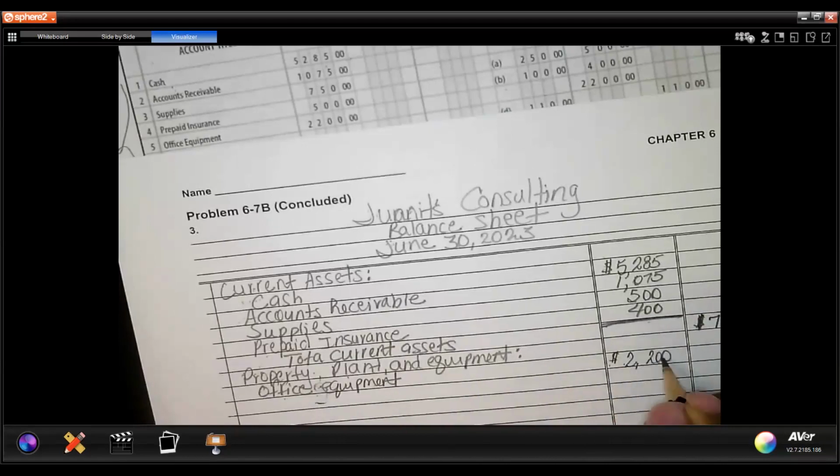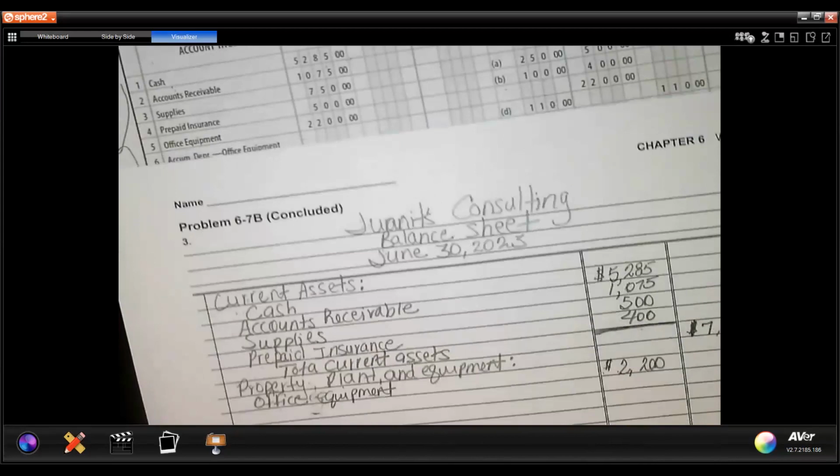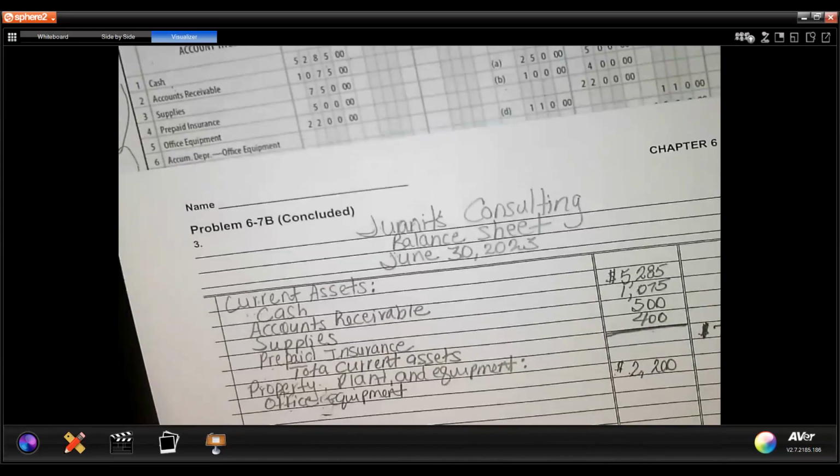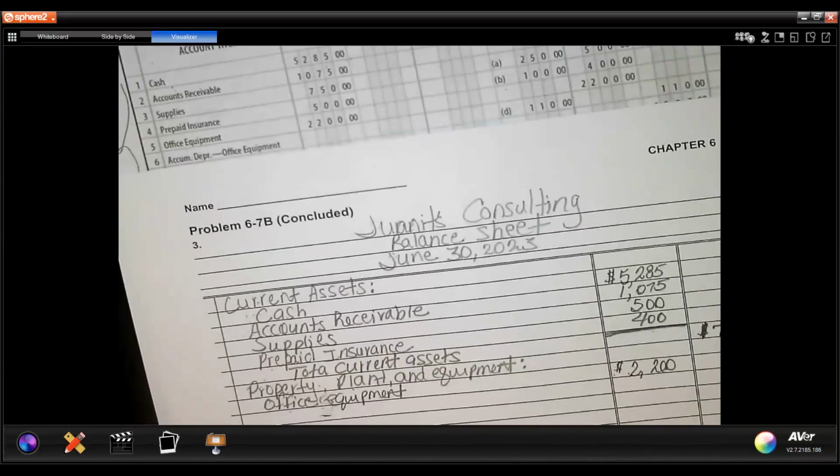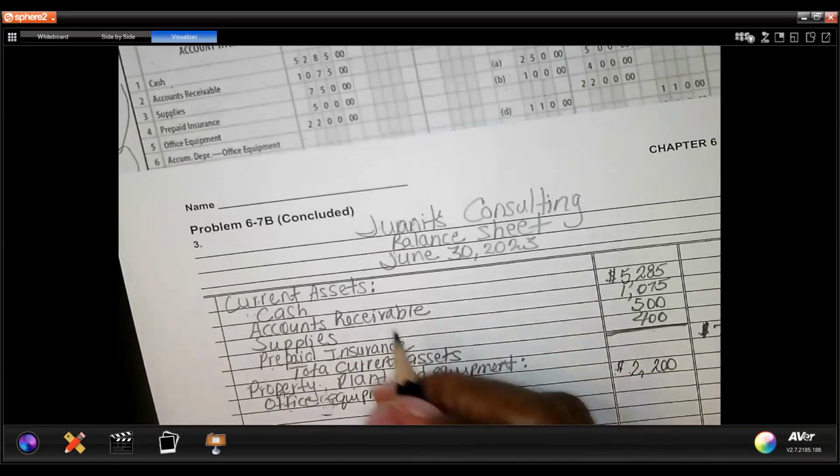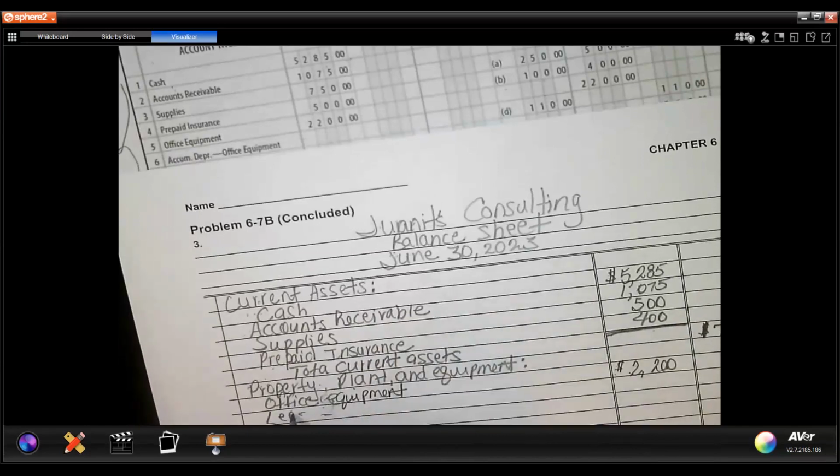Okay. So we also need to list, remember, that accumulated depreciation is also going to be listed on our balance sheet. So we're going to put on here less accumulated depreciation. Okay.